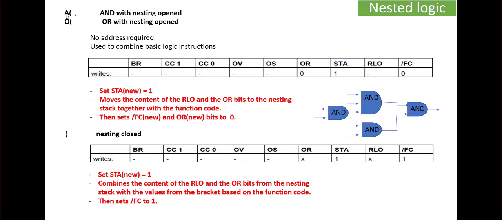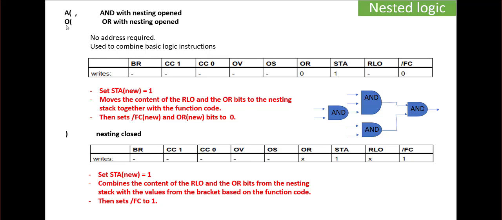Now, nesting instructions, whether they are AND or OR, behave quite similarly. If the nesting instruction came and found that the first check bit before it was 0, for an AND nesting it will push 1 into the RLO and 0 into the OR bit. And if it found that the first check bit was 1, then it would push whatever the current value of the RLO and the OR bit was into the nesting stack.